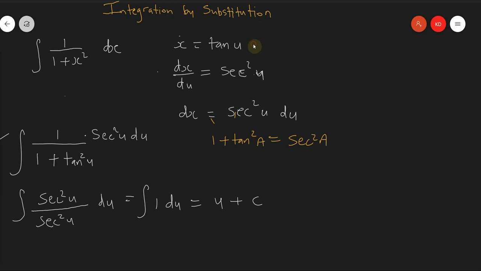Therefore, from that we get u is equal to the tan inverse of x. So coming back down here, we can say that the integral of 1 over 1 plus x squared dx is equal to the tan inverse of x plus c.